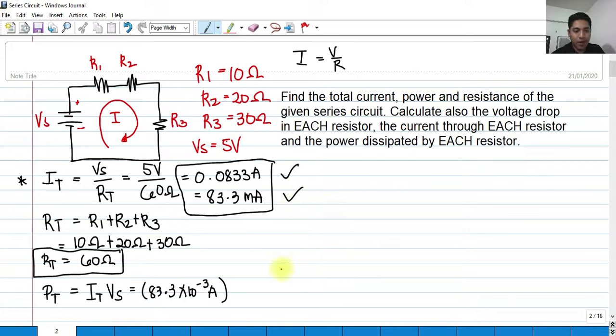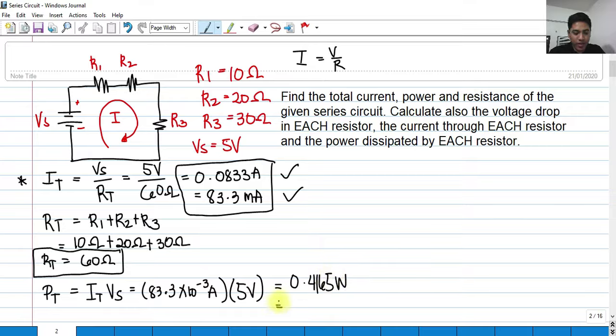That is multiplied to V sub S, the total voltage, we have 5 volts. If we are going to multiply 83.3 times 10 raised to negative 3 by 5, that is 0.4165 watts.